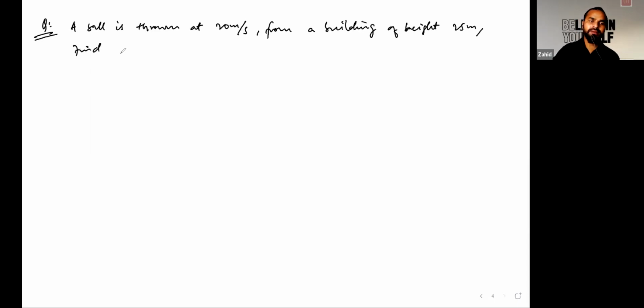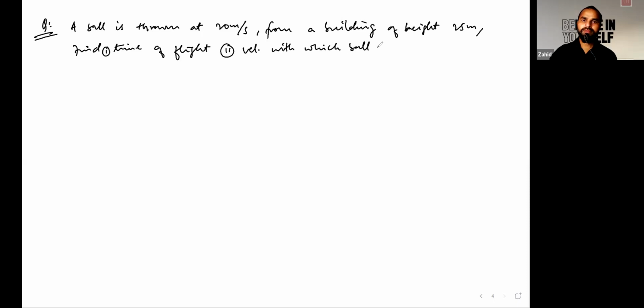First, find the time of flight. Second part is the velocity with which the ball would hit the ground.